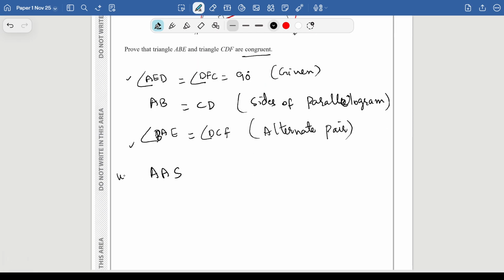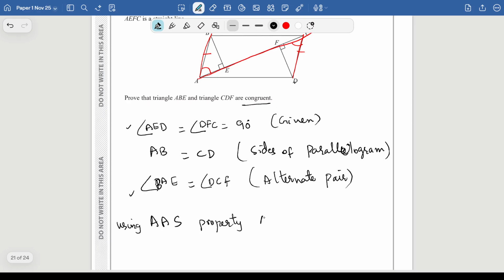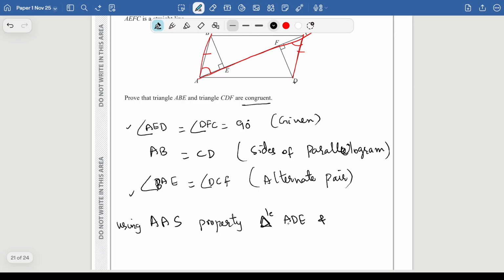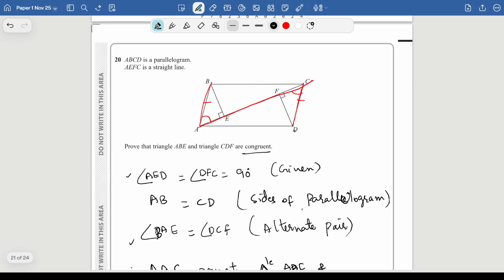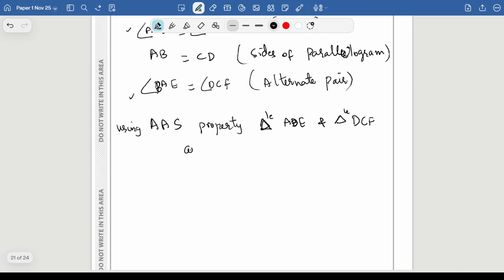So using the angle, angle, side property, I will say that the triangle ABE and triangle DCF are congruent.